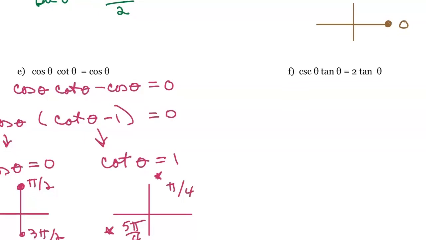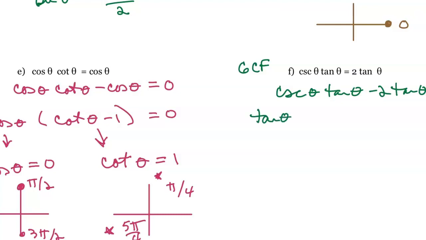So it looks like F is also greatest common factor factoring. I'll label that greatest common factor. Bring everything over to the left. It's going to give you cosine theta tan theta minus 2 tan theta equals 0. Look at the two terms on the left-hand side. Factor out what they have in common. That would be a tan theta.